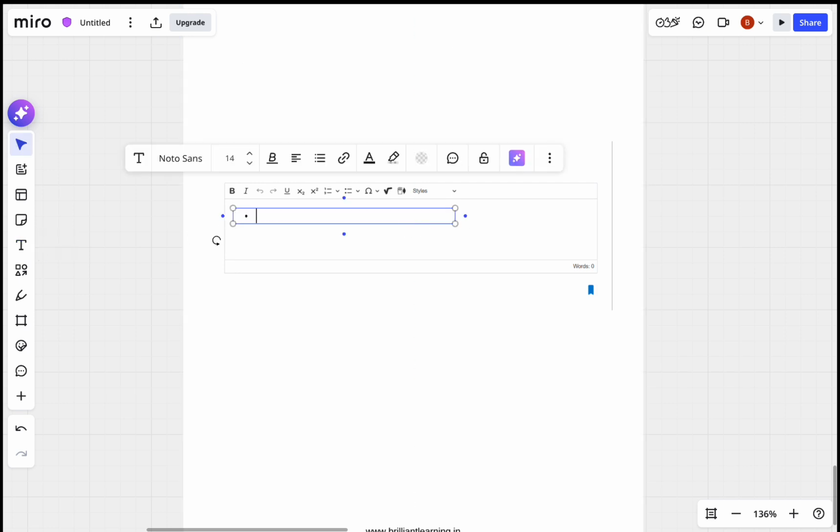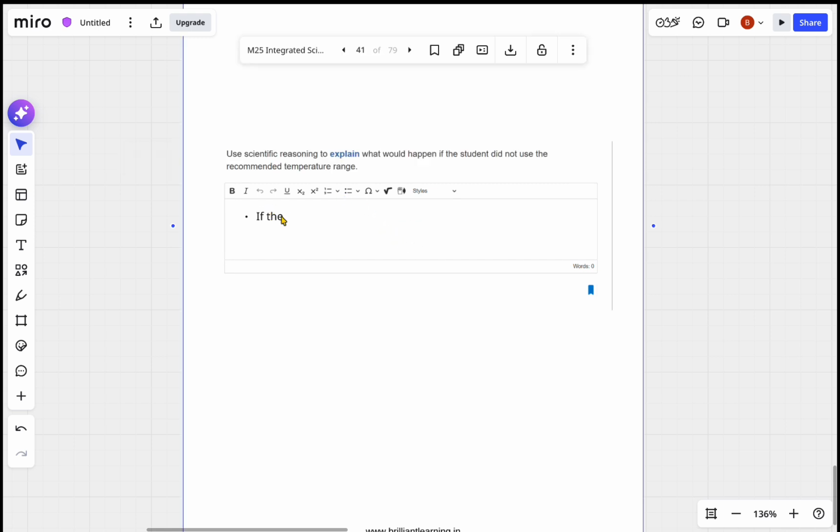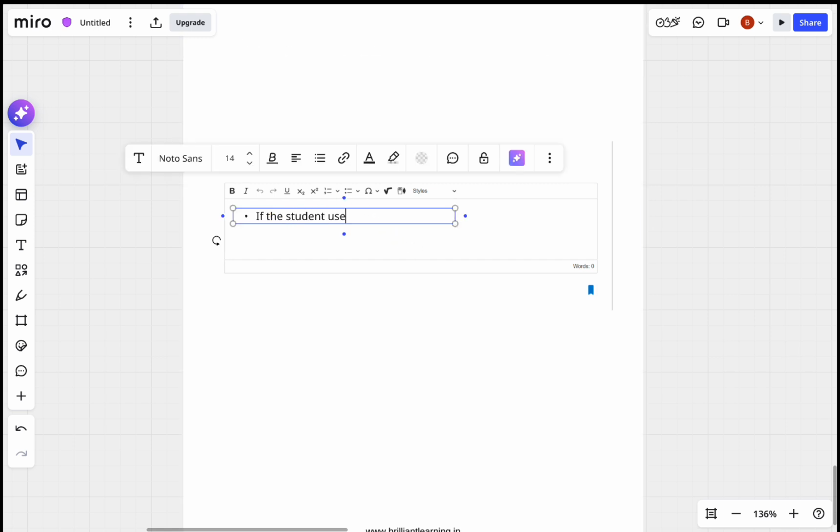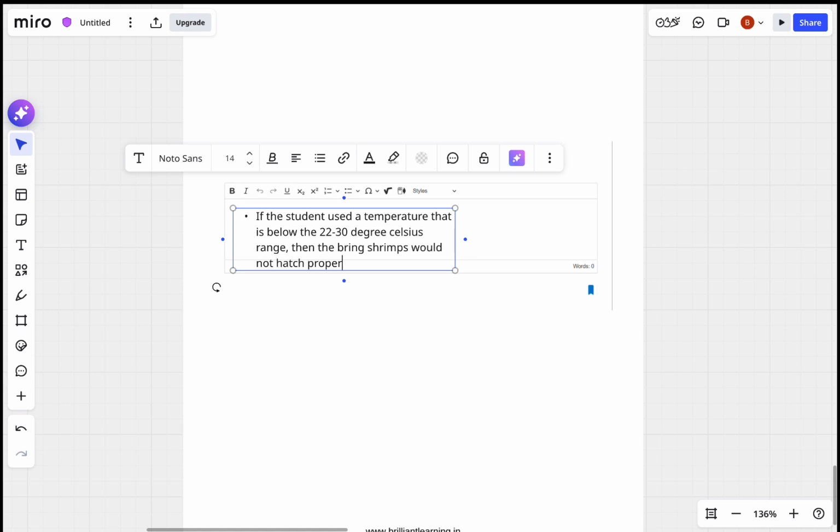Let's just write: if the student used a temperature that is below the 22 degrees Celsius range, then the brine shrimps will not hatch properly.